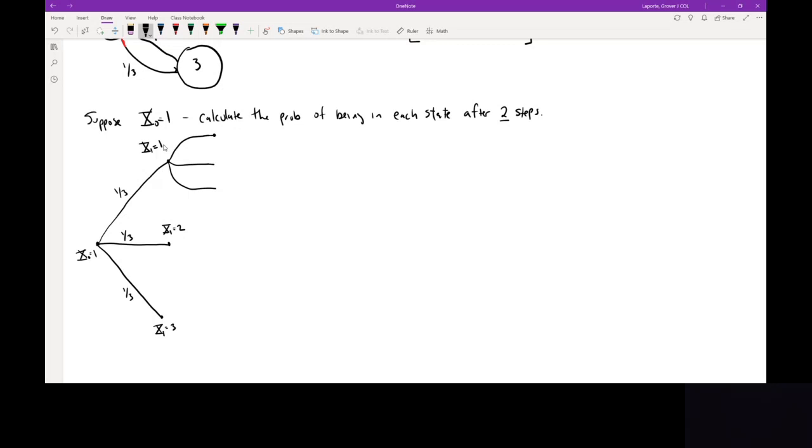So this will be state 1 again, the top for time period 2, we're in state 1. This will be for time period 2, we're in state 2.